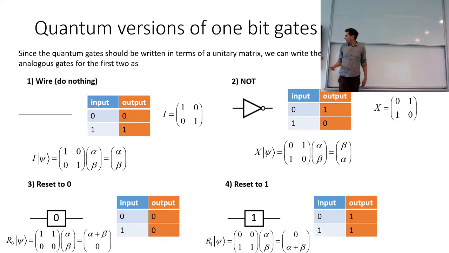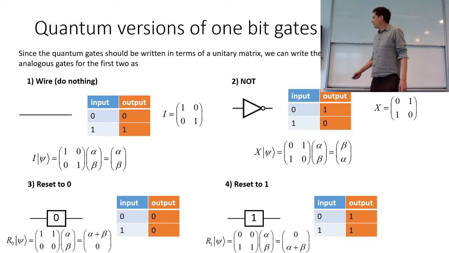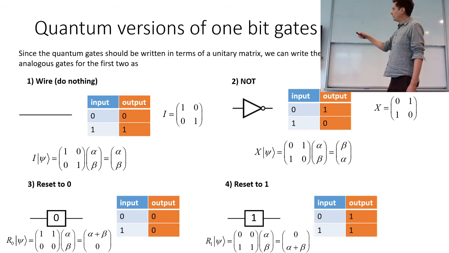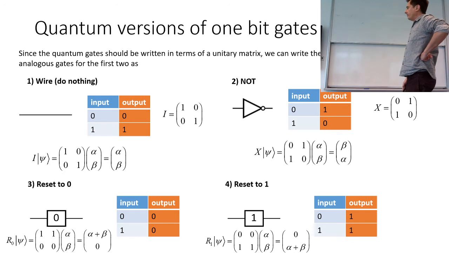Now, do you notice something a little bit weird about the bottom two? Yes, because the zeros should have a length of 1, but alpha plus beta has the length of alpha plus beta.